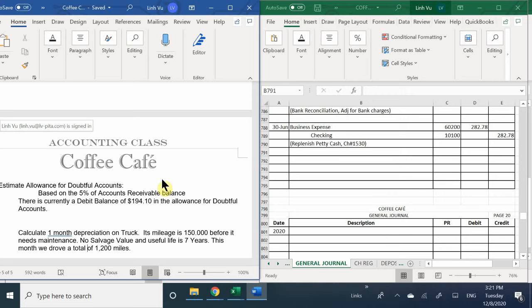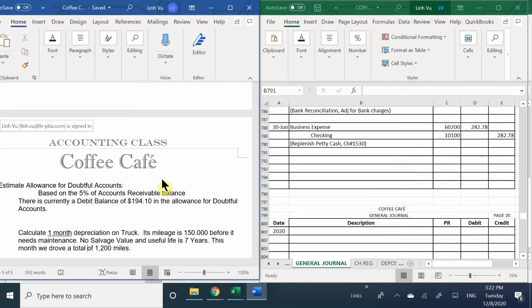Based on 5% of the accounts receivable balance, we are estimating how much we're going to write off as bad debt expense. Again, we currently have a debit balance of $194.10 in the allowance for doubtful accounts.